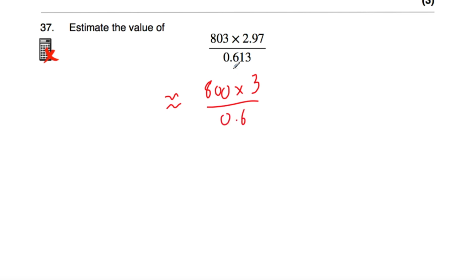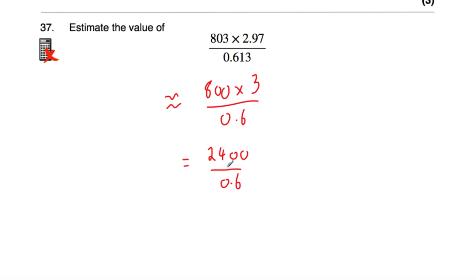So I've just rounded each of those numbers to one significant figure. 803, 800, 2.97, 3, and 0.613, 0.6. Now let's work this out. So the numerator, 8 times 3 is 24, and put on the 2 zeros, over 0.6 on the denominator. So we've got 2,400 divided by 0.6.